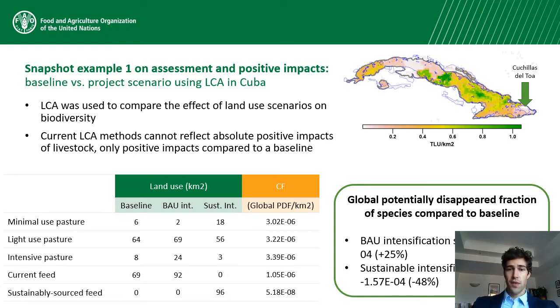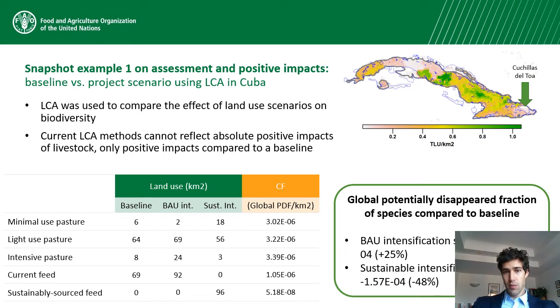Those characterization factors in orange here are the methods that I mentioned before by Chowdhury, and they give you basically for each square kilometer of those different land uses and their location, the global impact on species extinction.